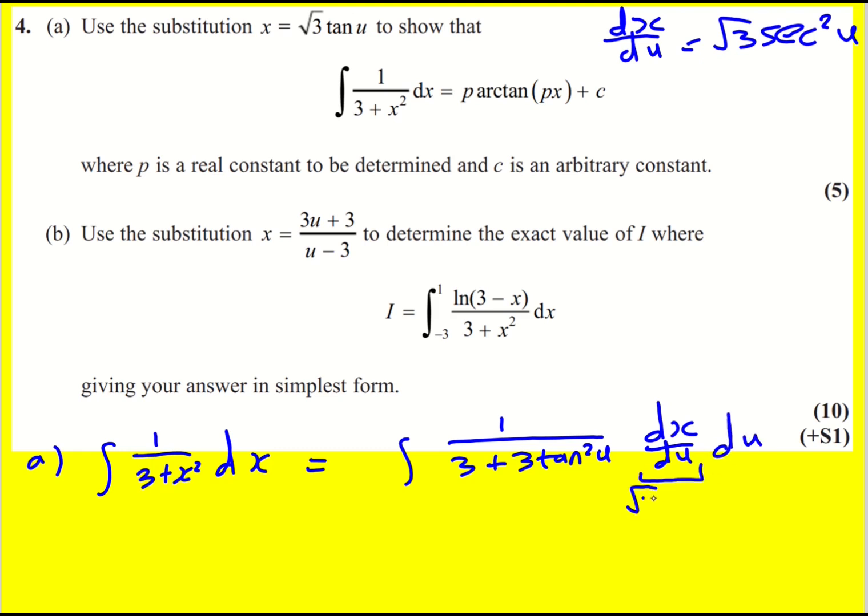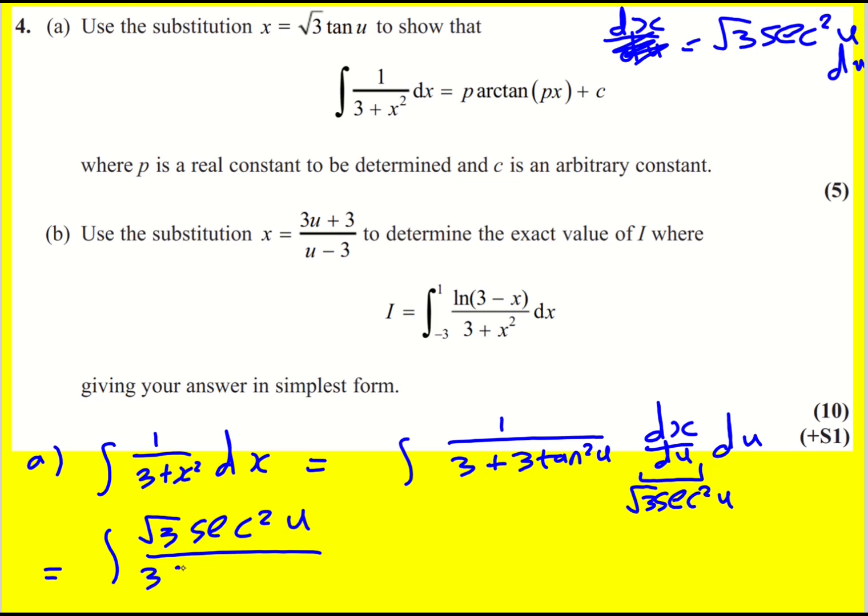And this here is root 3 sec squared u. Alternatively, it'd be okay timesing through by du and then subbing in. That will get me root 3 sec squared u over 3 times 1 plus tan squared u du.